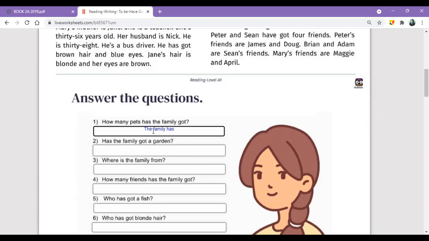I know that the family is formed by father, mother, siblings, and a lot of relatives, but family is only one. Families are a lot. My family, your family, our families, because it's plural, okay? That's why we say the family has got how many pets? 8 pets. Very good.